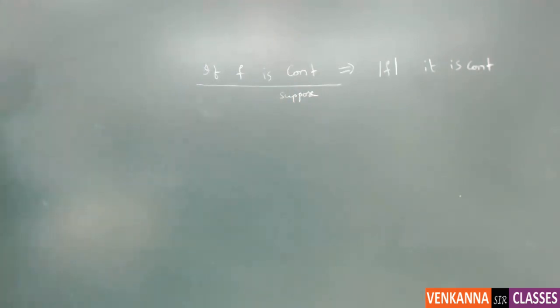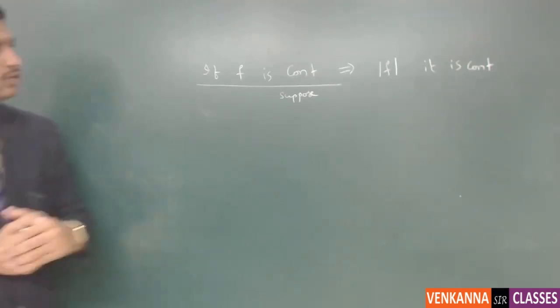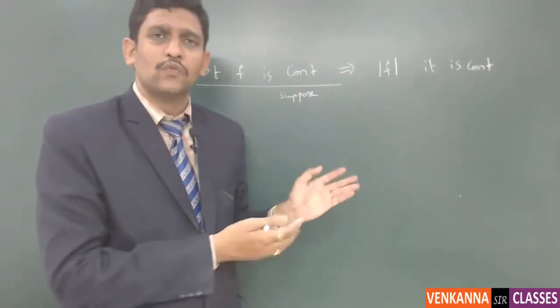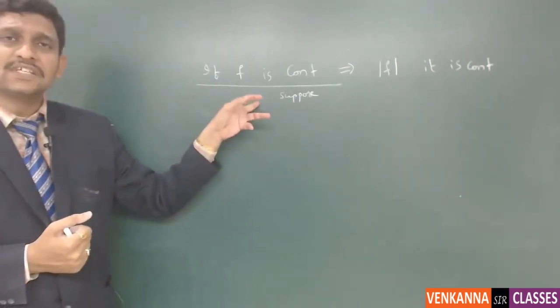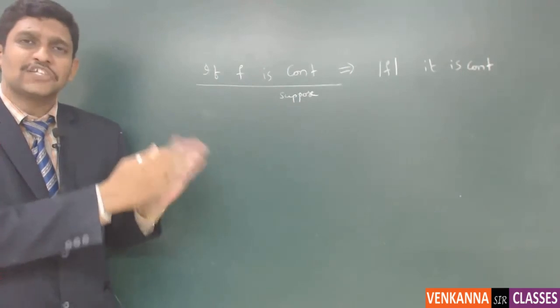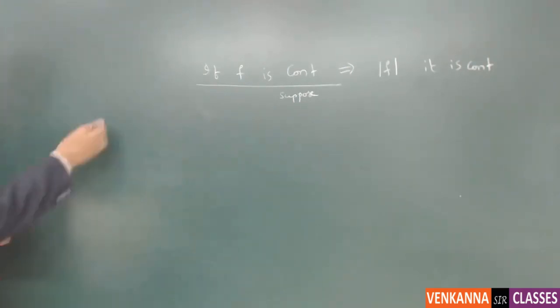Suppose the function f, whatever you have taken, is a continuous function. Now we are going to prove mod f is continuous. We use the definition as it is. Since f is continuous, let us write the definition first.